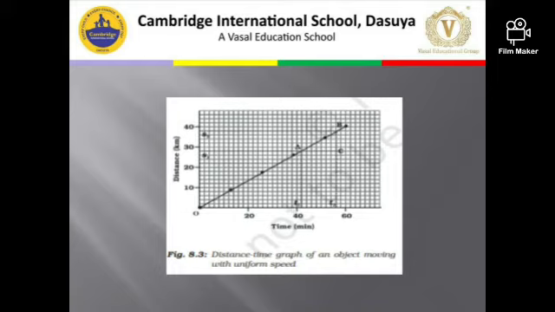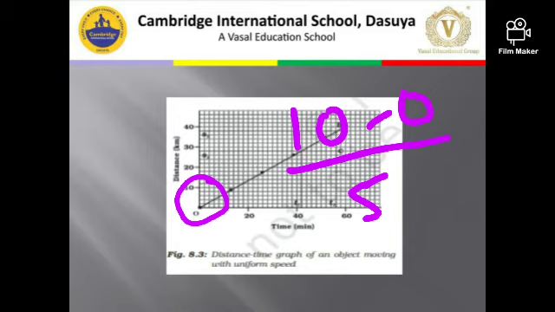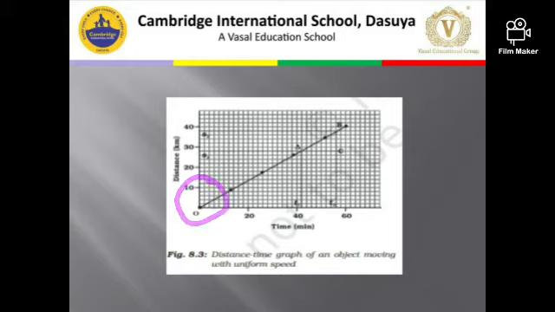And in between there are 1, 2, 3, 4 and 5, so 5 gaps in between. So we do final minus initial over 5, that is 10 minus 0 over 5, that is 2. It means here also each point is 2 kilometers. That is 0, then 2 kilometers, then 4, then 6, then 8 kilometers, then 10 kilometers and so on.